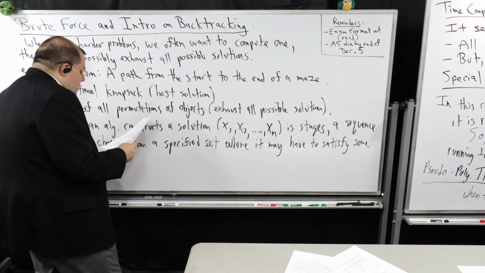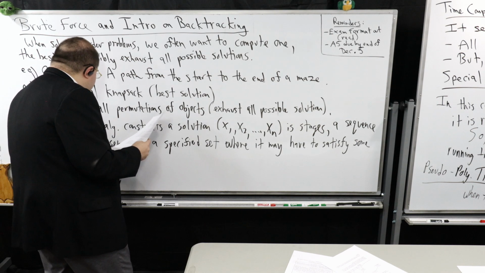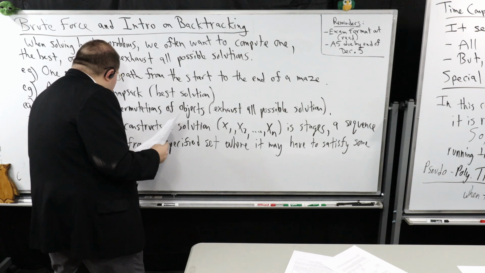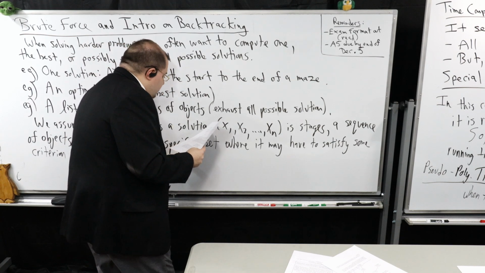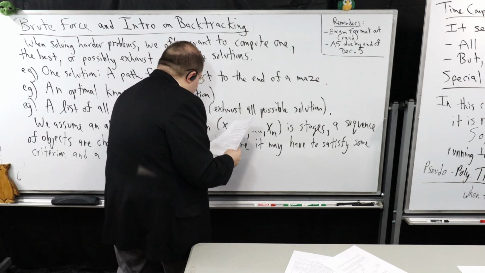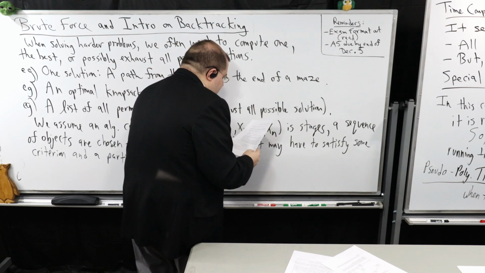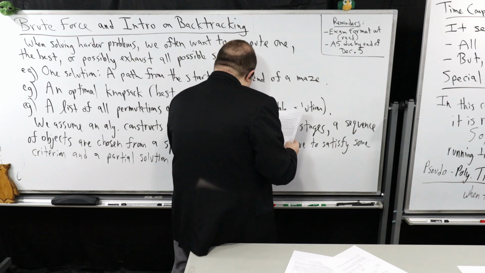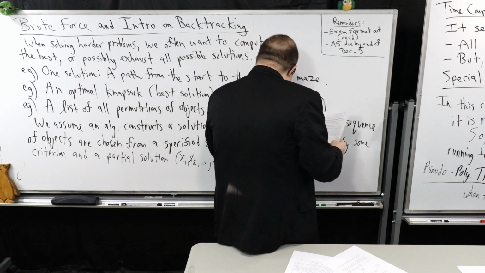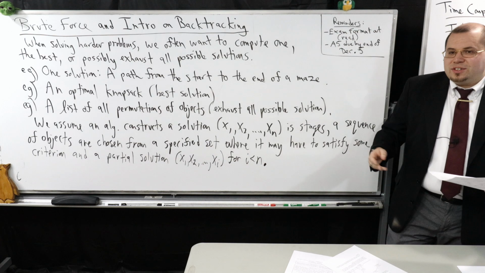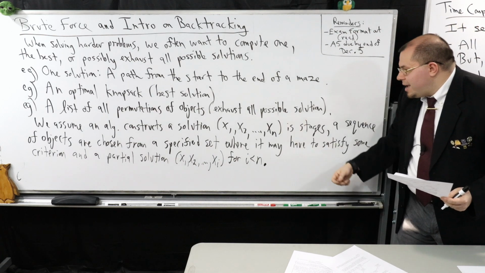And I'm also going to define a partial solution like this. A partial solution x1, x2 until I get to xi, for i less than n. So I'm going to have a solution that I'm going to want to get with n objects.